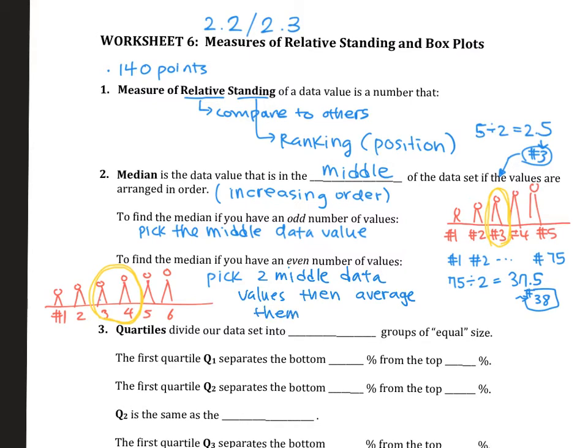Average just means add them up together. So ranking number 3 plus ranking number 4, then divide that by 2. Okay, that's how I'll find the median value.